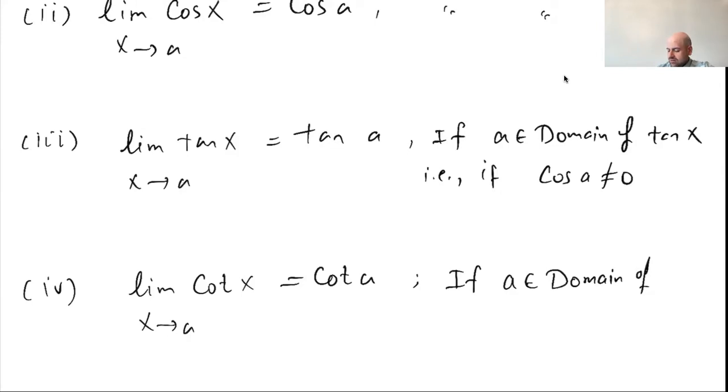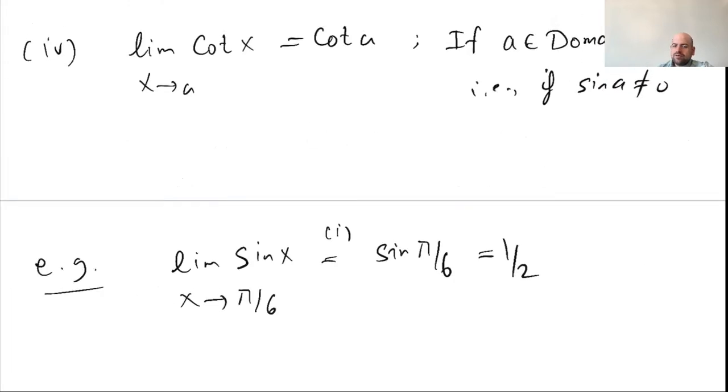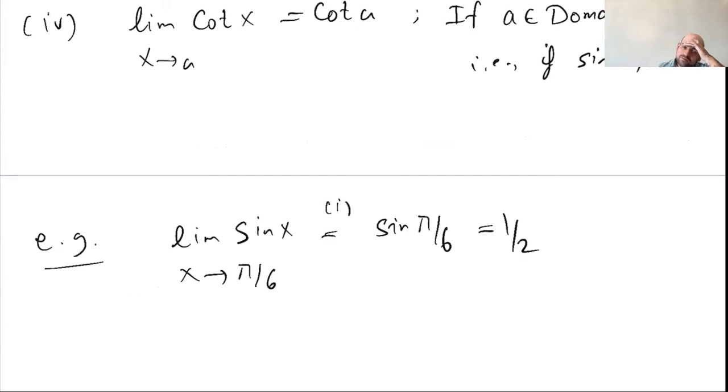According to property 1 above, we can write this as sine pi over 6, which is 1/2. So for finding the limit of sine x as x approaches a, just replace x with a.